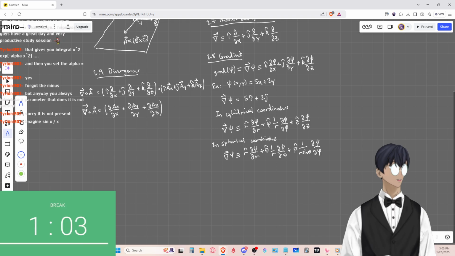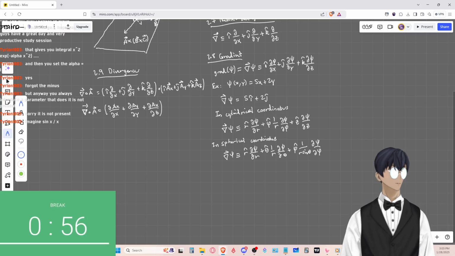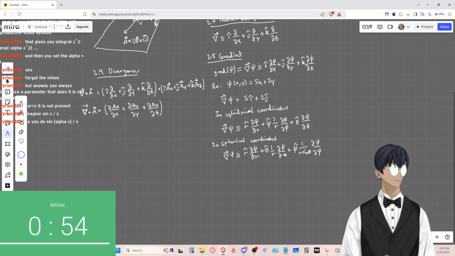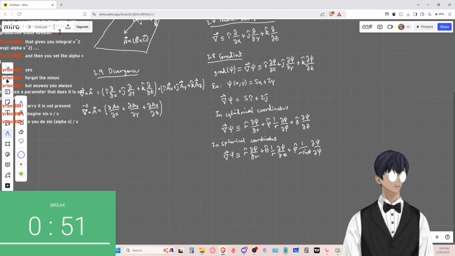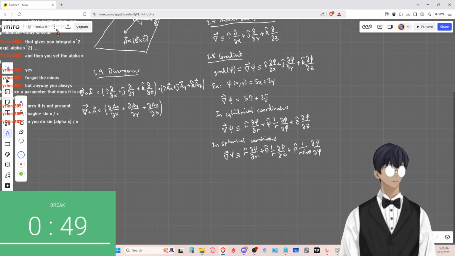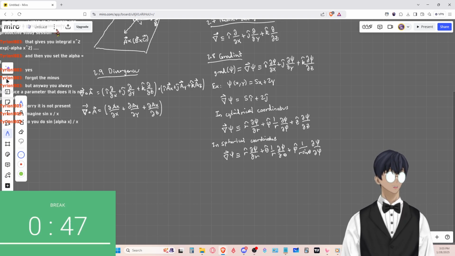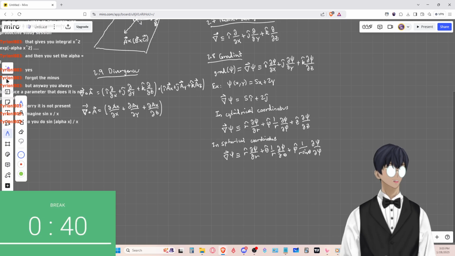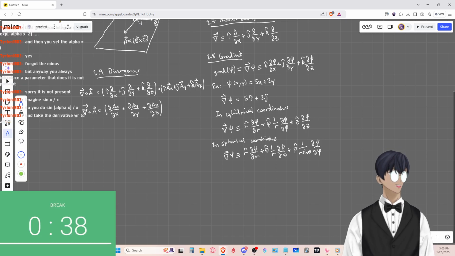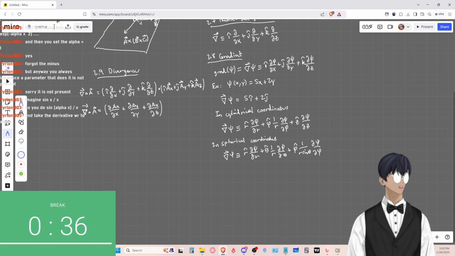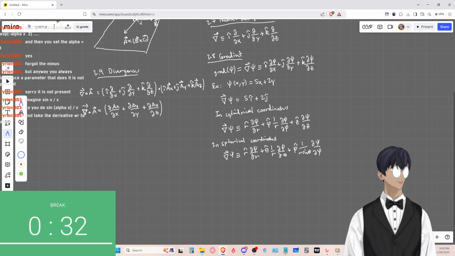Oh, okay. Imagine sine of x over x. You do alpha x, and then you take x. So I'm guessing you basically do u substitution with that. Oh no, you probably do the derivative of that, right? You take the derivative with respect to alpha, okay?